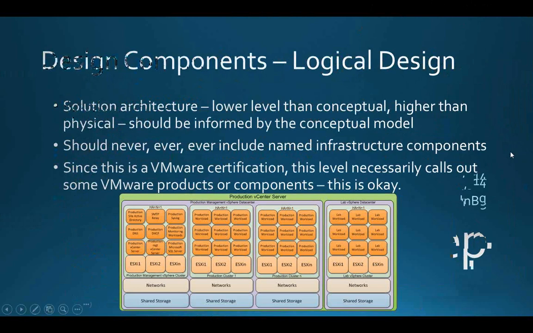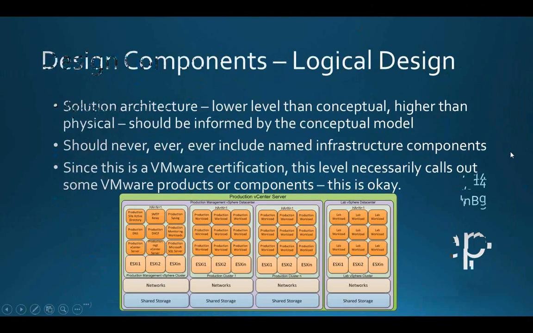An important point here: you shouldn't have named infrastructure components at this point. If I'm creating my logical design and somewhere I say I'm going to use Cisco Nexus switches, at that point it's not a logical design anymore. You're calling out the individual components you're putting into the infrastructure, and at that point it is a physical design. Something to keep in mind.